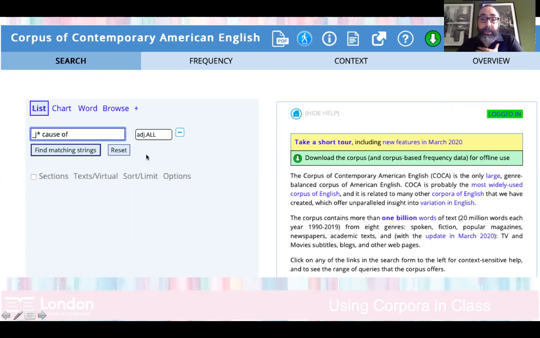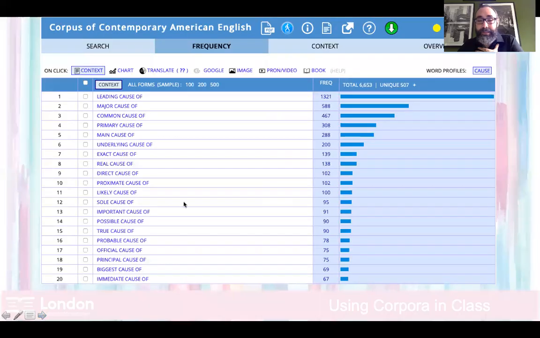And what you can do again is, in this case, choose the adjective. You want cause of, and which adjective goes with it. Which adjective do you think is the most common with cause of? Okay, this one, leading.